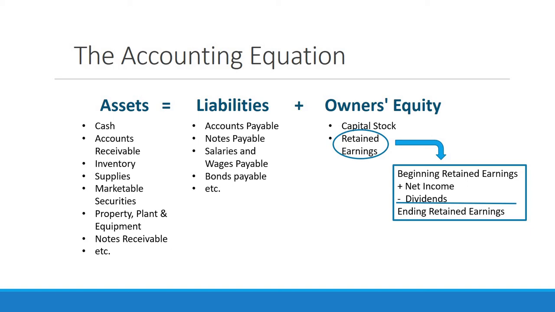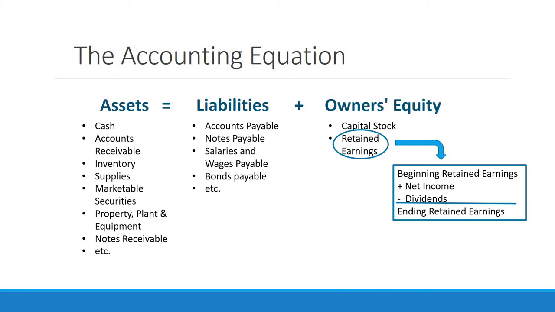If it's the second or third year, you would take whatever they've accumulated from prior years in terms of their earnings that they've made in previous years and subtract out any amounts that they've distributed to their owners. So whatever we start with, we add to it current year profits, subtract out any amounts that we've paid to the owners of the company, and that gives us our ending balance for retained earnings.